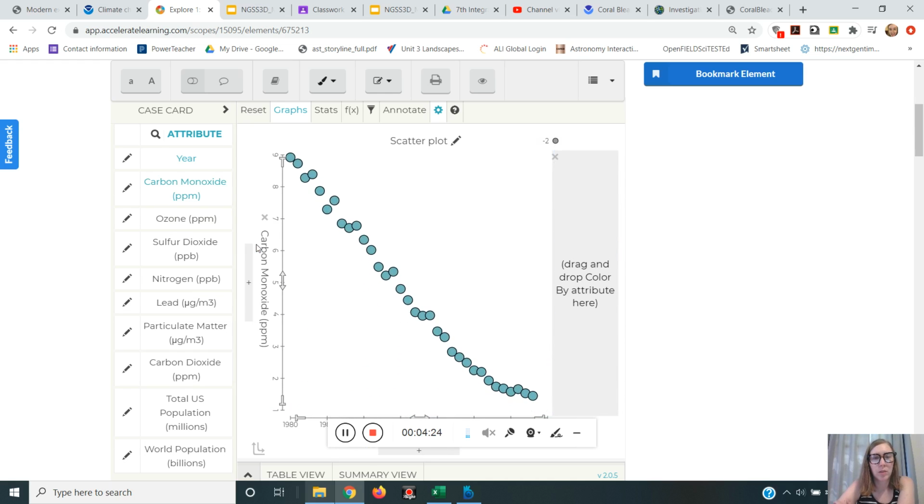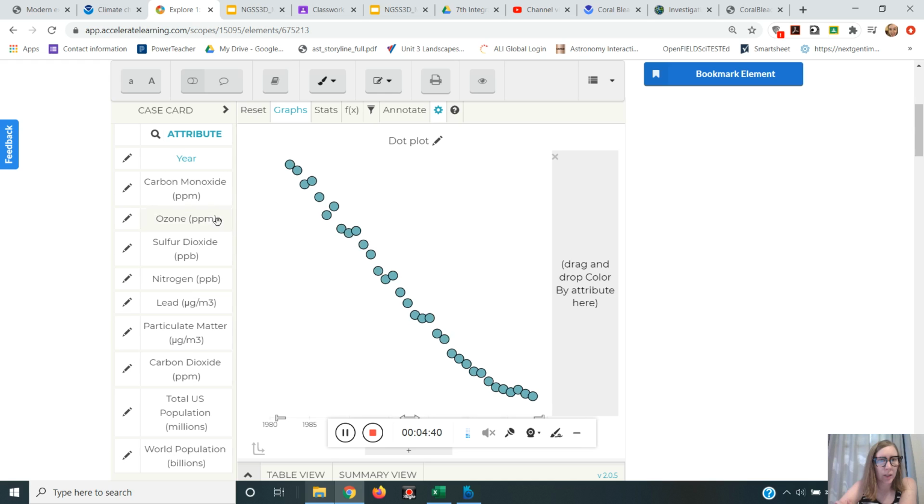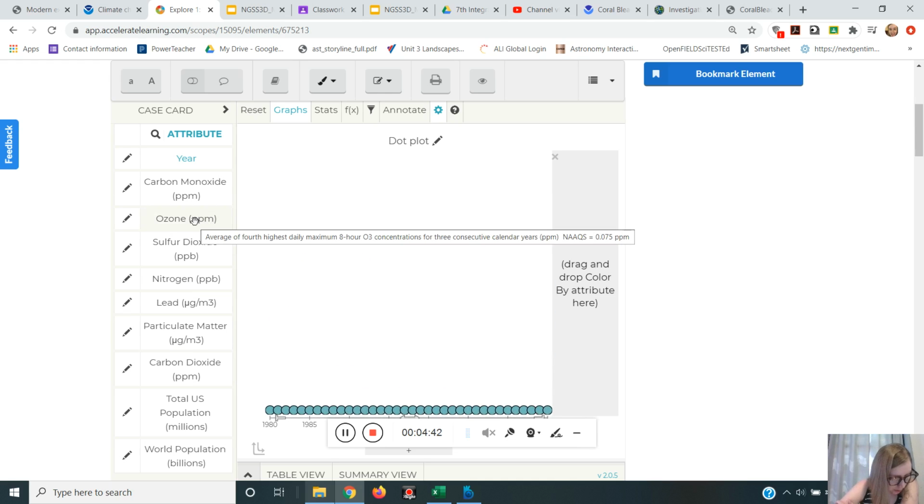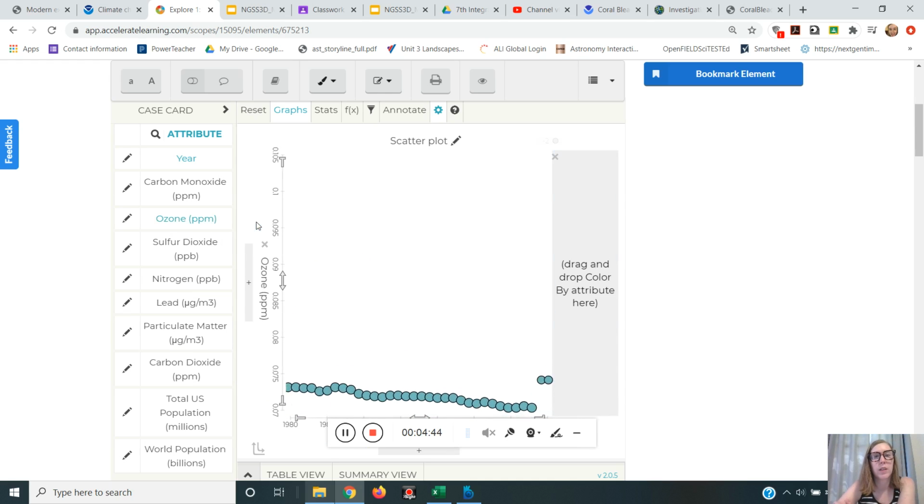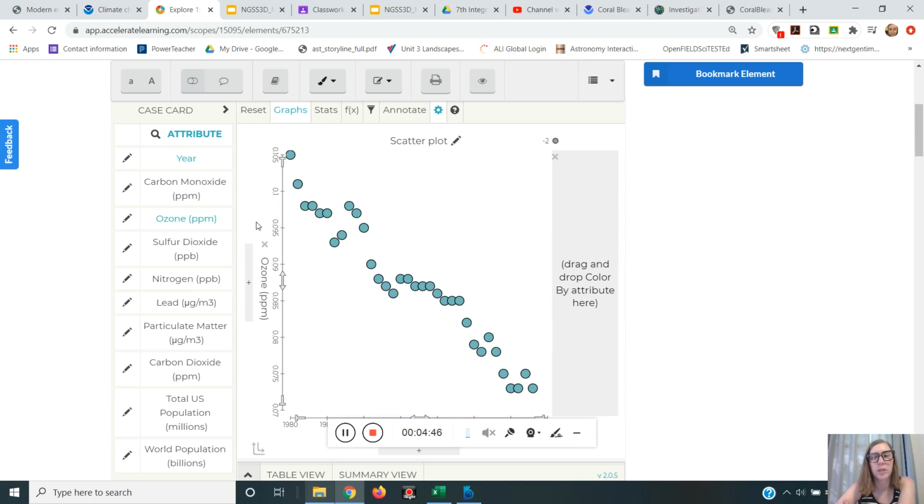Okay, so since 1980, the amount of carbon monoxide has gone down. We can see that's the trend in our data. Okay, so it's decreased. I'm going to remove carbon monoxide, and then you can kind of get the gist of this. We're just dragging and dropping each of these variables to see kind of what's happened. So the trend isn't as perfect as that very linear, straight line looking human population.